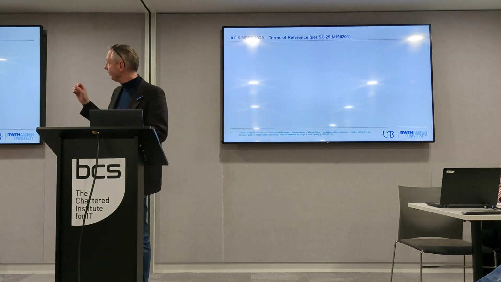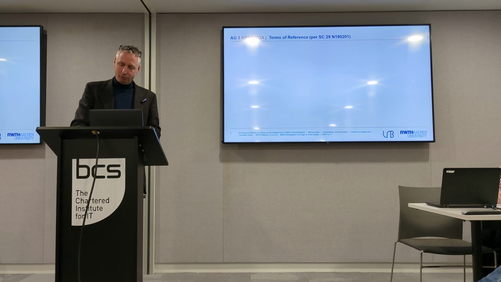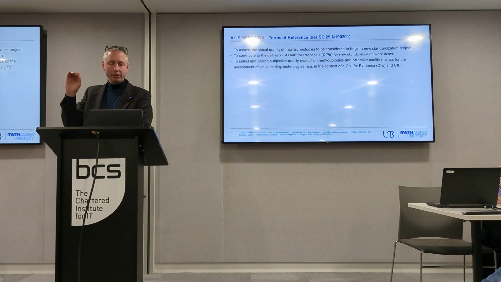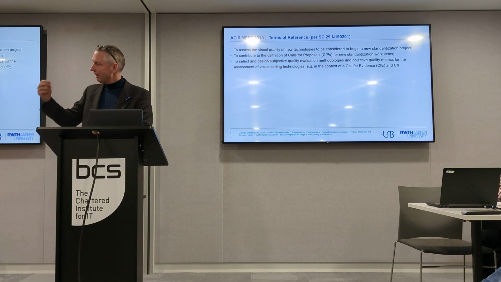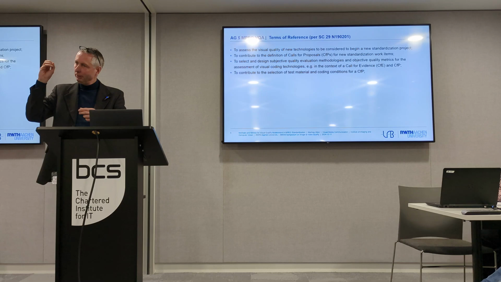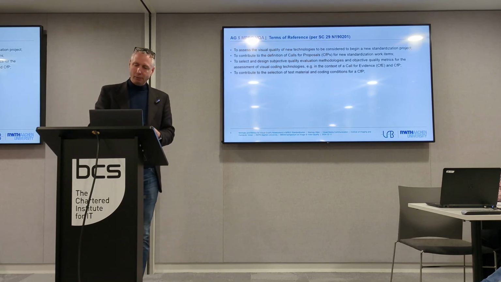Very quickly, if you have these groups, then there are terms of reference, and I don't want to read them out. There are a lot of specific items that we are tasked to do, specifically in the context of preparing calls for proposals. That would mean the start of a standardization project. Typically, we start with a call for evidence, which is also shown here.